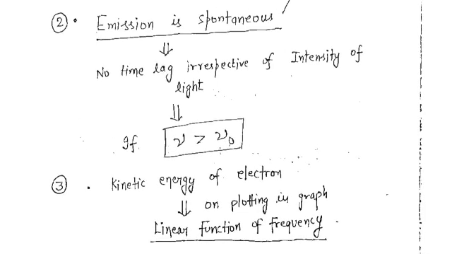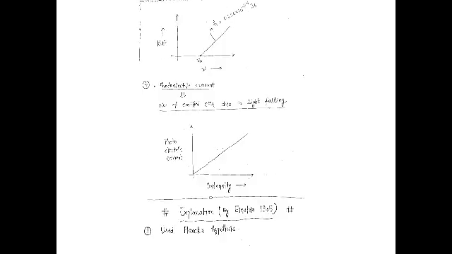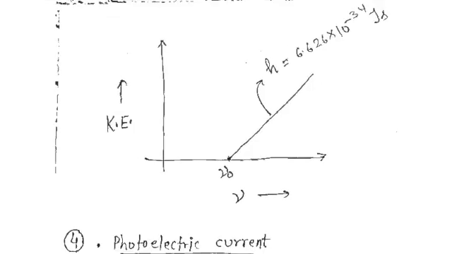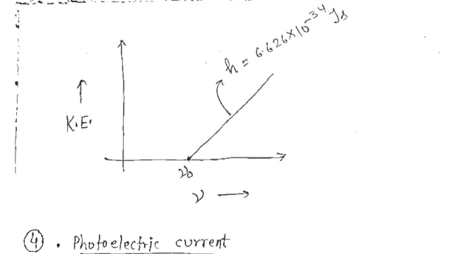Now, the thing I am talking about is kinetic energy. Let me show it by a graph. In the kinetic energy versus frequency graph, on the x-axis there is the incident frequency of light, and on the y-axis there is the kinetic energy of the ejected or emitted electrons.